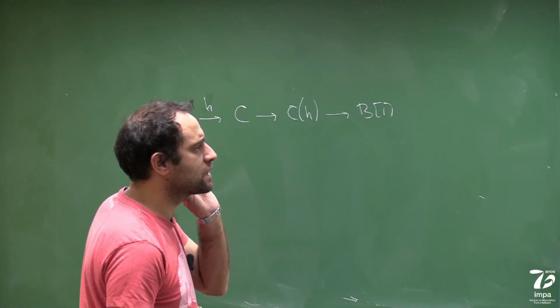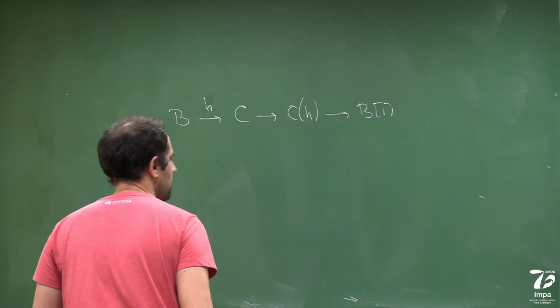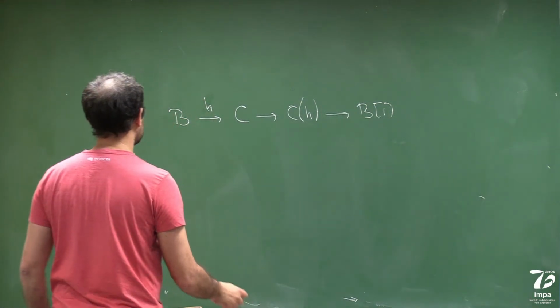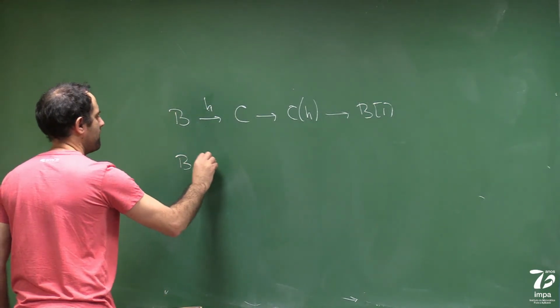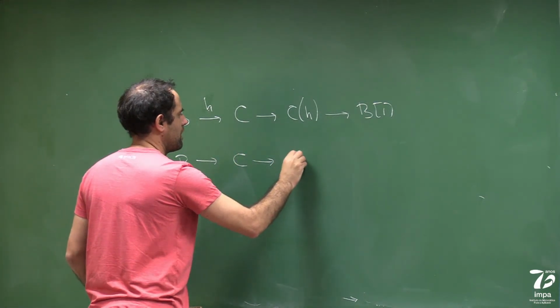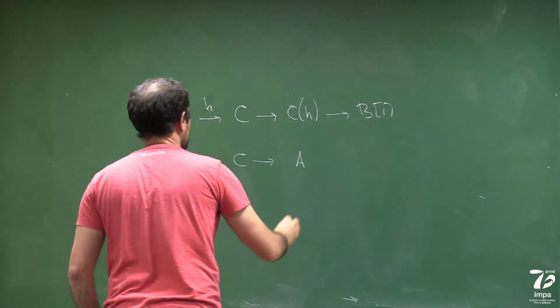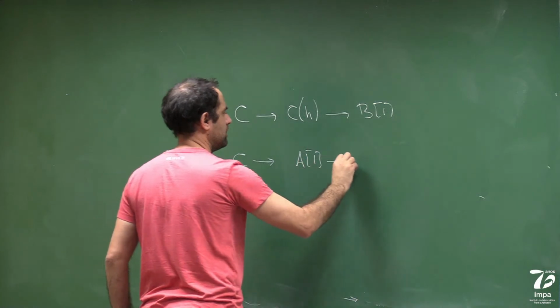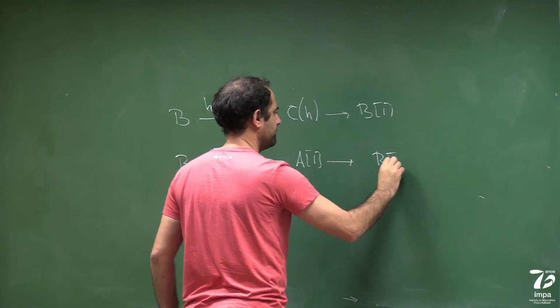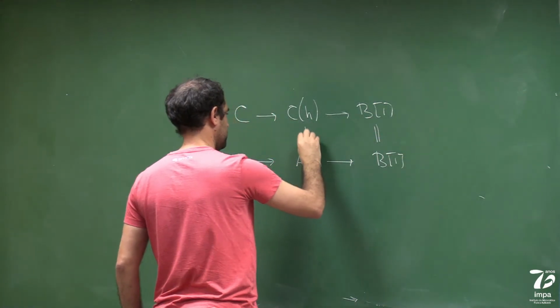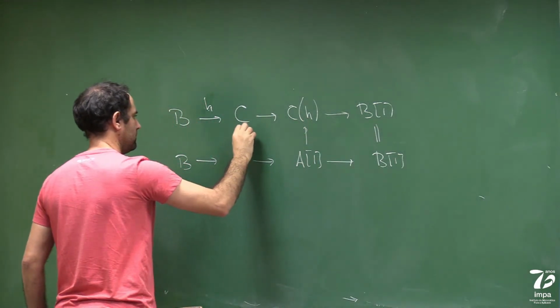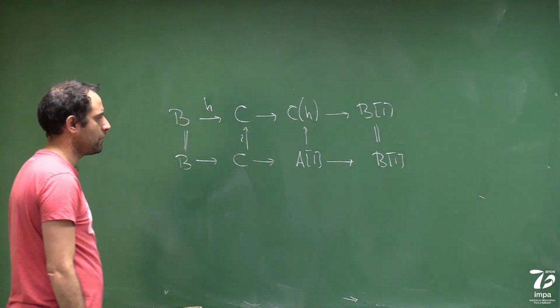And what I want to get is that A, B, C is isomorphic to B, C, A shifted by 1, B shifted by 1. So that's the datum.